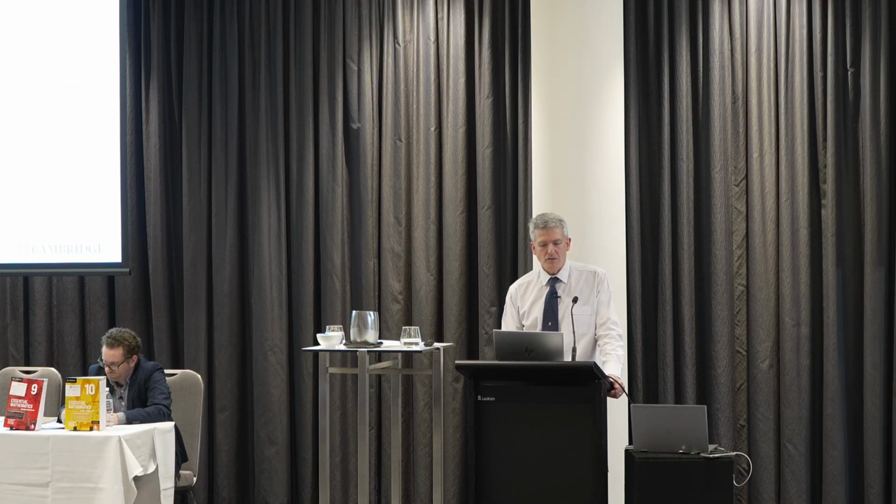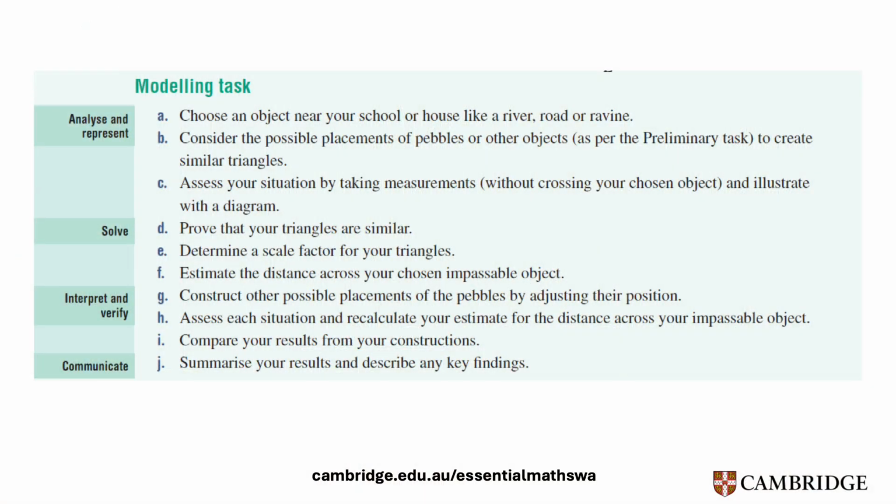Then when they get to the actual task, they're required to choose an object, like a road or a river or a ravine that they can get to, and then consider, as part of the modelling process where they're analysing and representing, possible placements of the pebbles or rocks or trees or whatever it might be to create the two similar triangles, and then take the measurements.